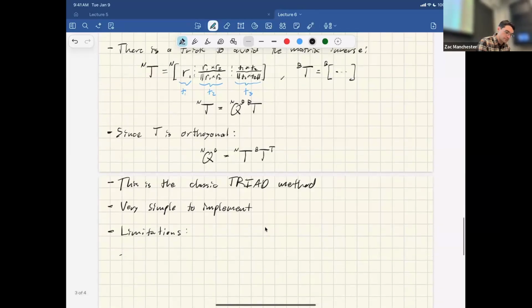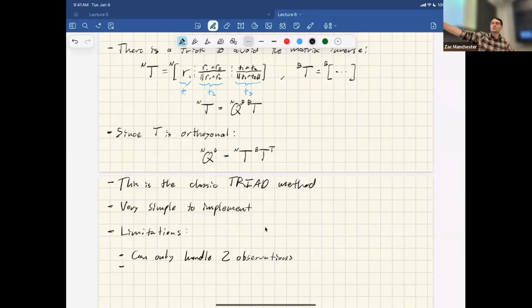The first is that it can only handle two observations, which obviously limits you in terms of accuracy, et cetera. The gist of this is there was no statistics in here either.